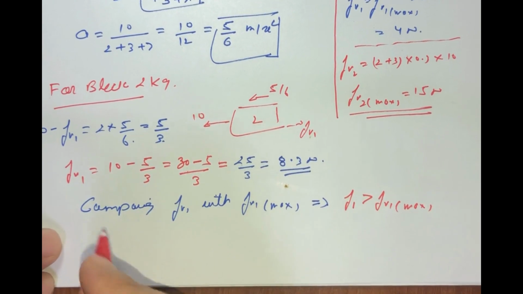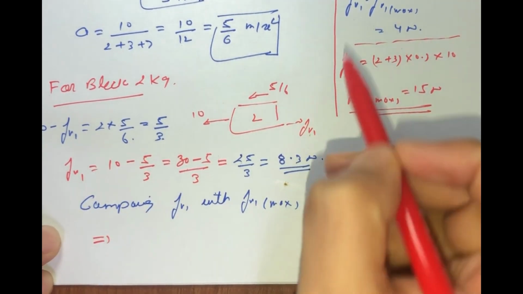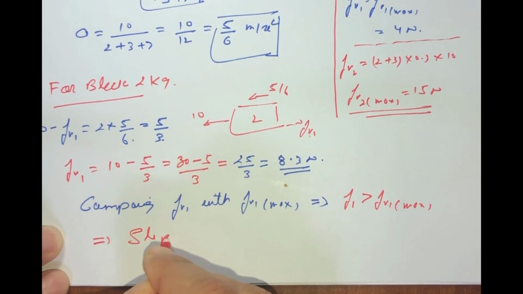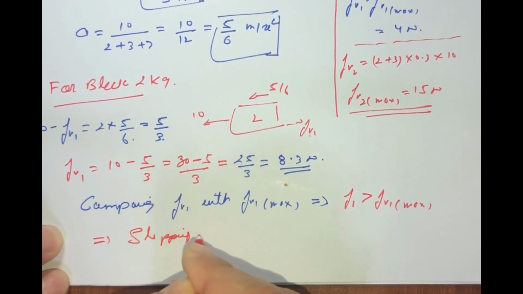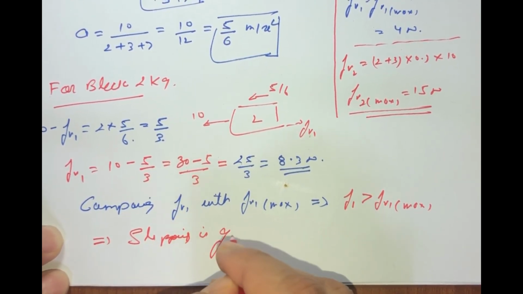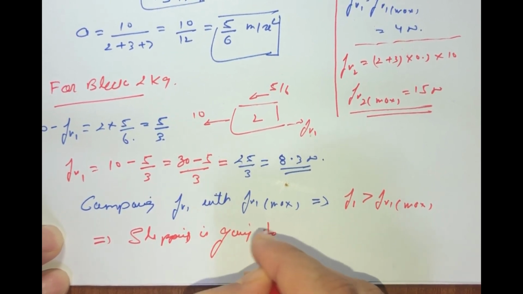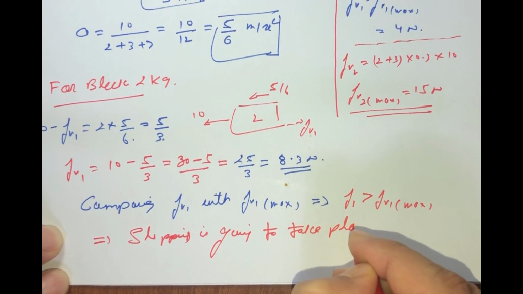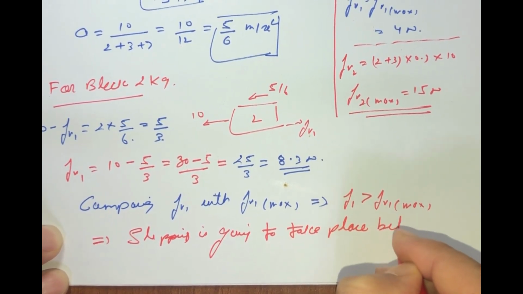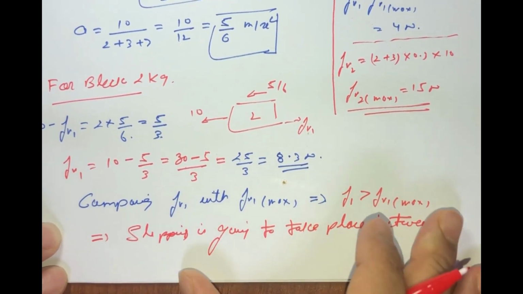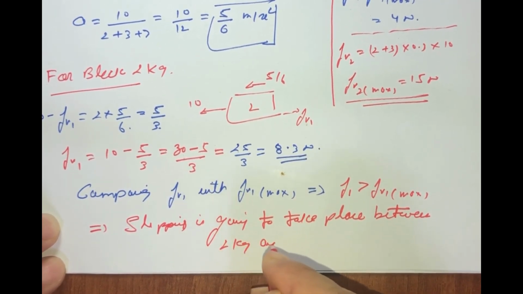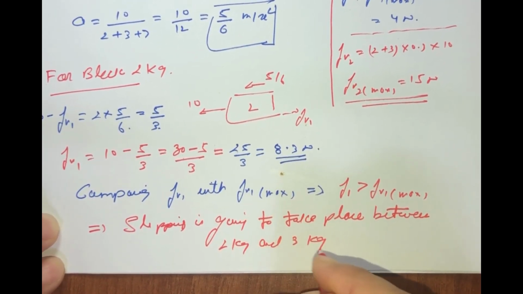So under this condition, slipping is going to take place between 2 kg and 3 kg.